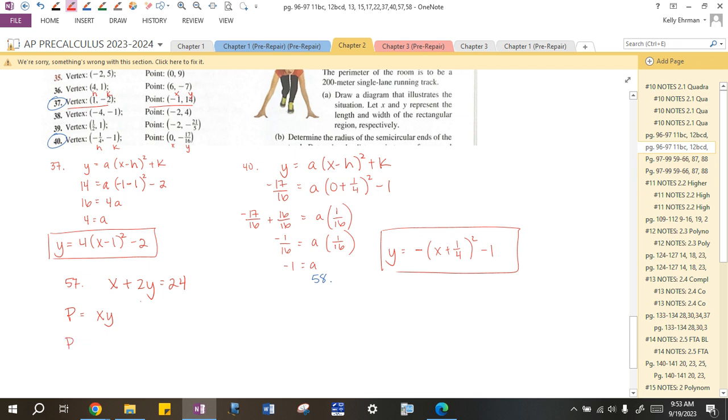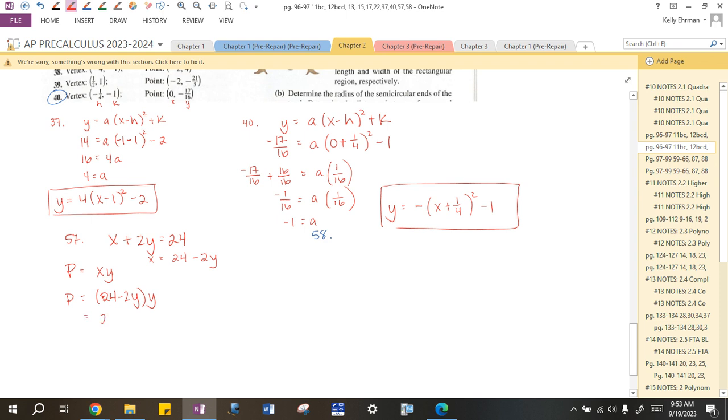So now if I take this equation and solve it for x, because that would be easy to do, instead of the product being x times y, I can replace x with 24 minus 2y, times y.